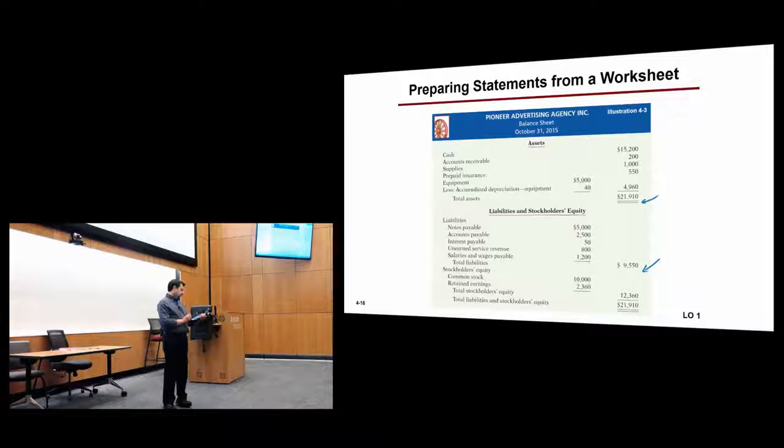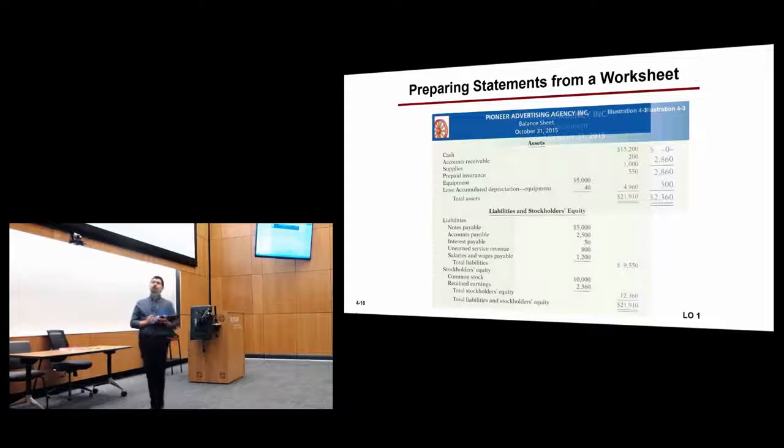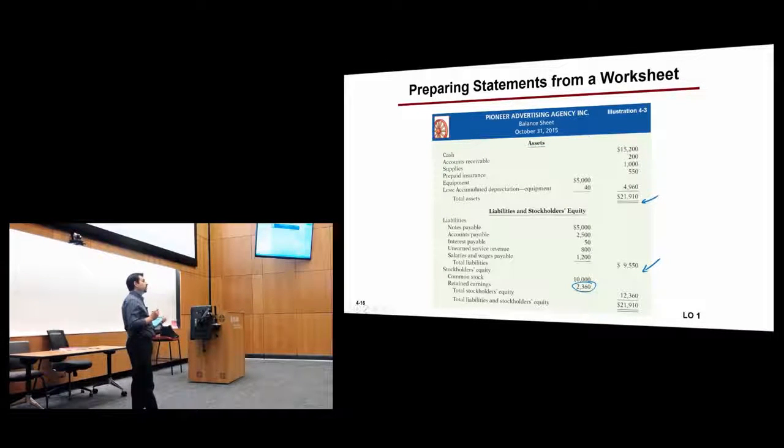Now, this is the balance that we calculated in this one. You remember, 2,360. And we included it here. Again, we don't have dividends, we don't have revenues, we don't have expenses. All this information is summarized in this amount, which is 2,360.